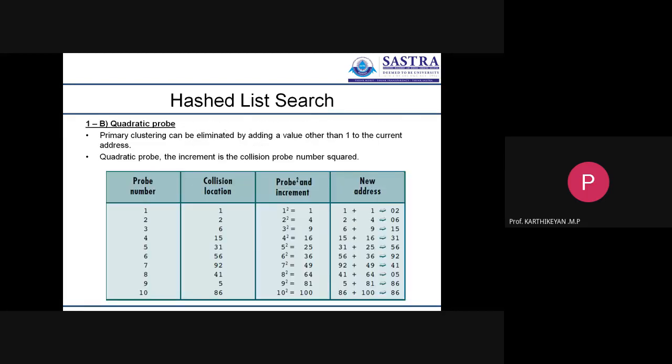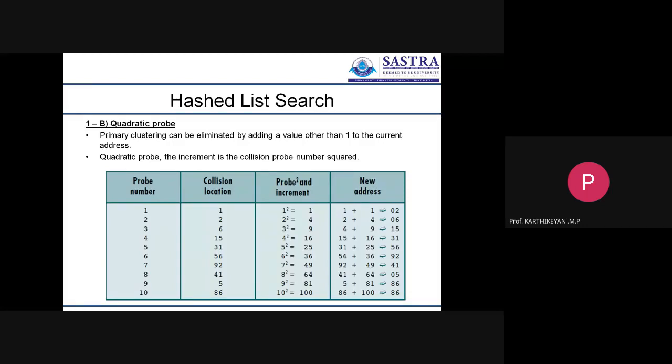The second one is quadratic probing. Here, instead of adding 1 to the home address, we use the probe number. The first probe means 1 square, and that is added to the address. Suppose that location is not available, then second probe, second attempt, so 2 square. Just squaring the probe number and adding it to the address.